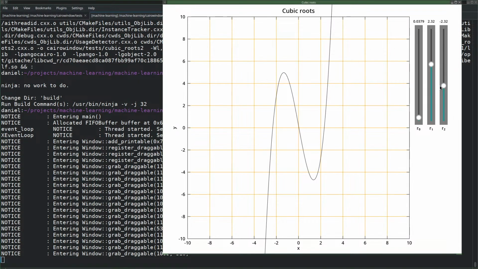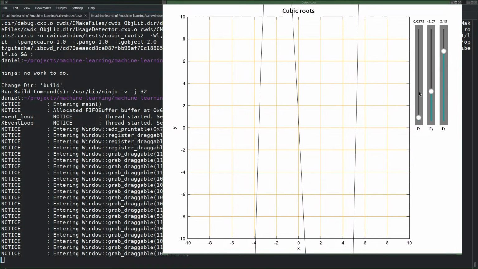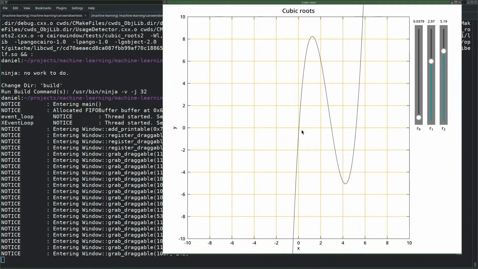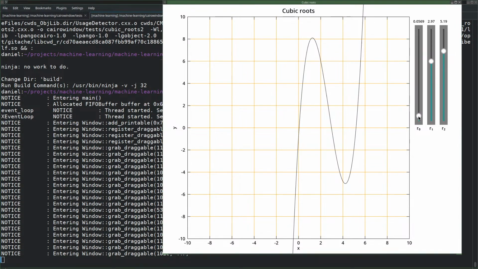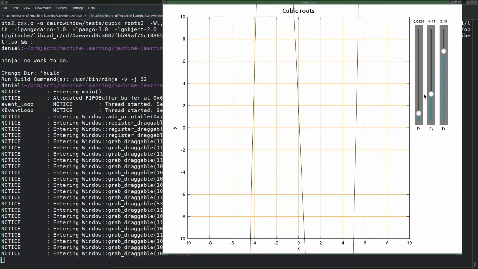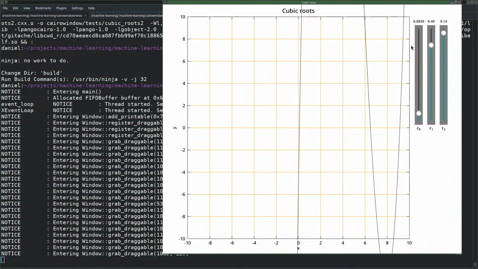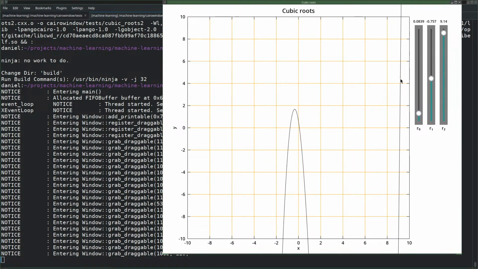However, this is possible. You smoothly go from the small root being this one to the small root being the one in the middle. And in between, it's just a shared one again.